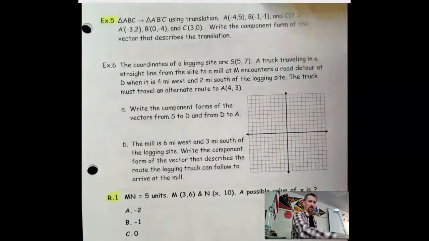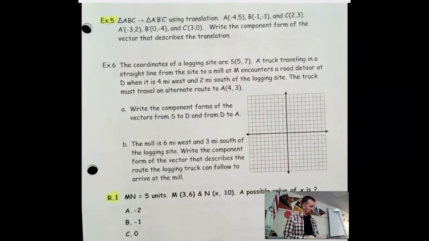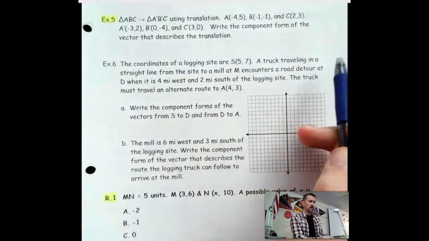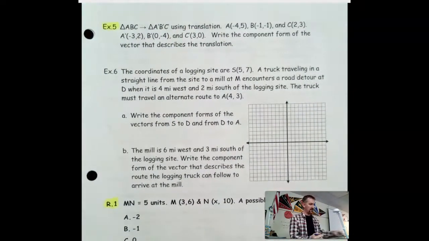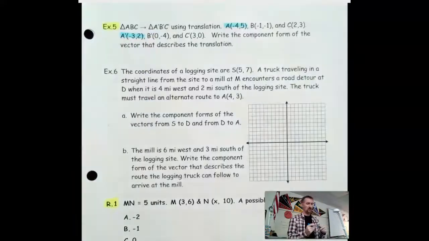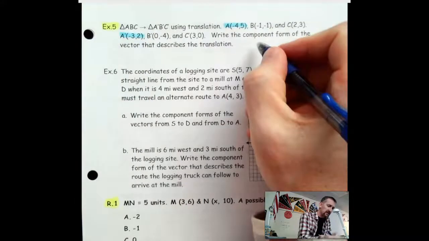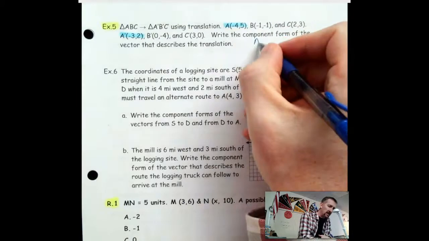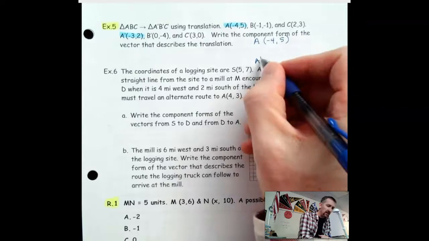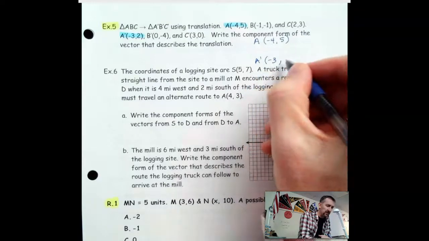And moving along, it says write the component form of the vector that describes the translation. So all we have to do is focus on one point. So we just want to look at what happened to A. So let's see. A was negative 4, 5, and A prime is negative 3, 2.